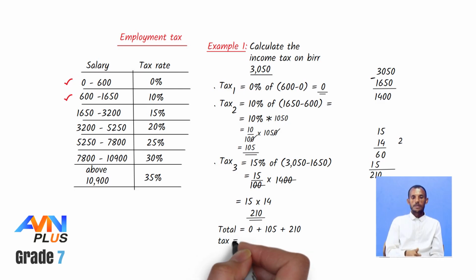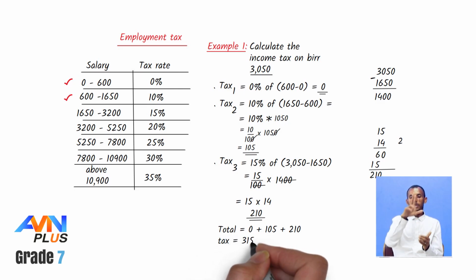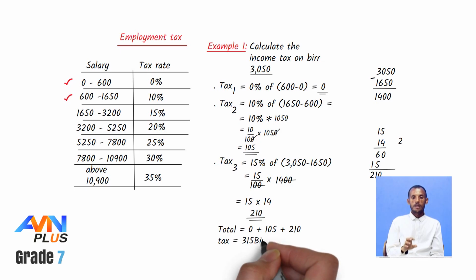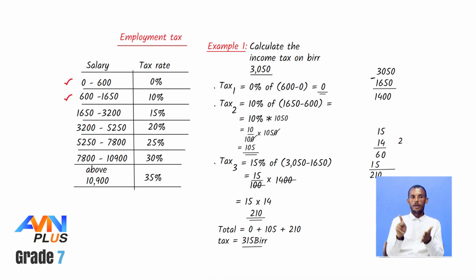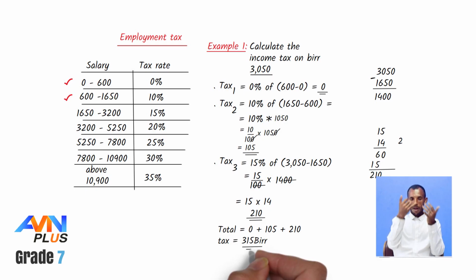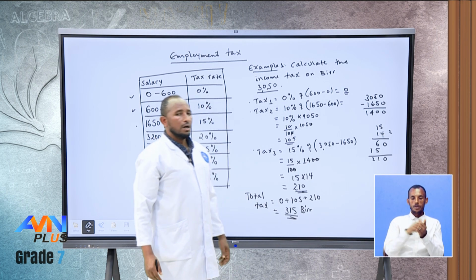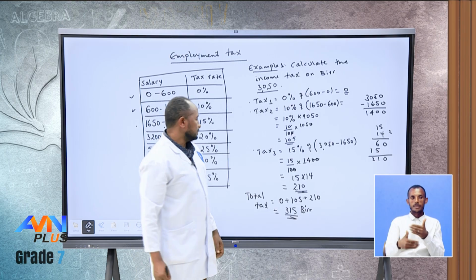The sum will be 315, the tax that should be paid. That's it. Now we'll proceed to the next example.